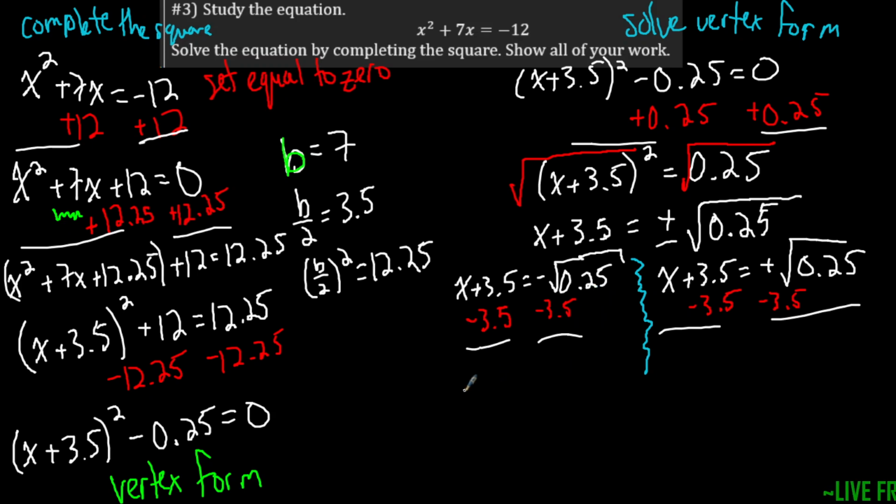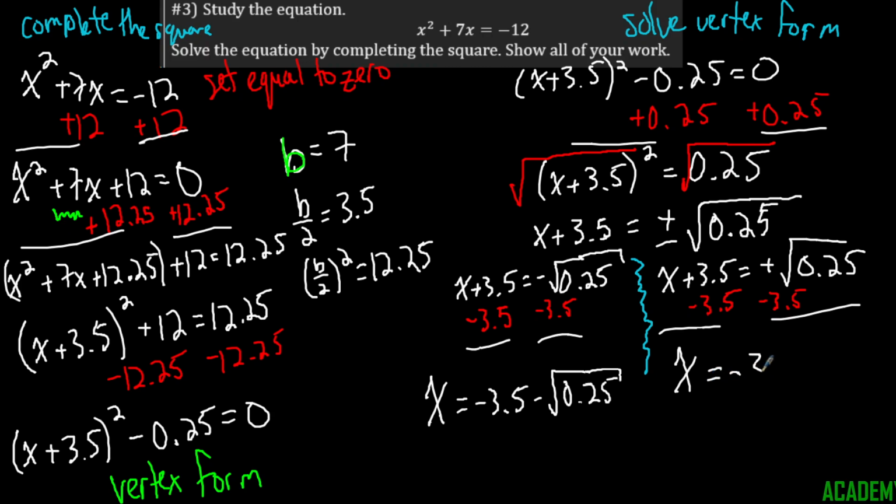So I keep them separate. I'm going to say x equals negative 3.5 minus square root of 0.25. And I'm going to say x equals negative 3.5 plus square root of 0.25.